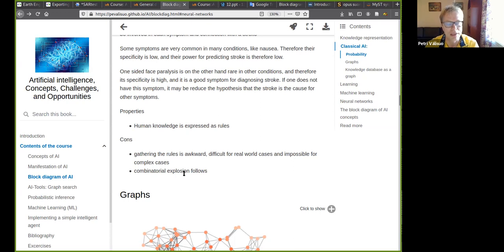The number of options is rising faster than any polynomial. So the number of options explodes. So very easily you will have a very complicated network and a very large number of decisions and information needed for encoding this.